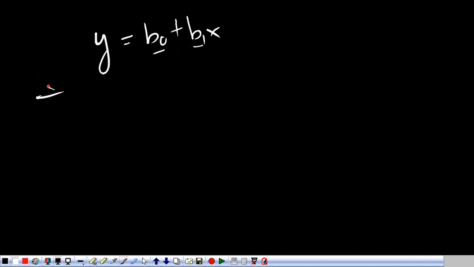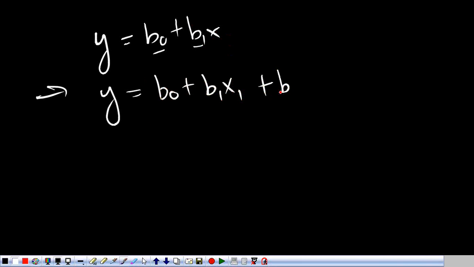So we're going to extend it in multiple regression to y, again a single response or single dependent variable, but we'll have multiple independent variables: b0 plus b1x1 plus b2x2 plus b3x3 plus ad infinitum, right?